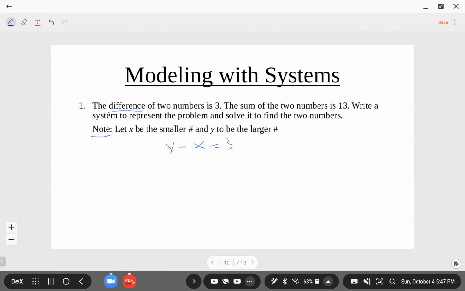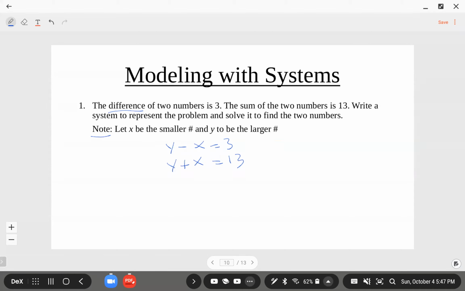The sum of the two numbers is 13. So y plus x equals 13. And write a system to represent the problem and solve it to find the two numbers. You already have it, right? While reading the problem, we already have two equations.